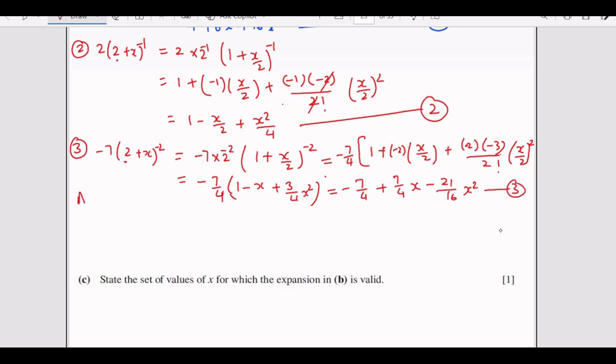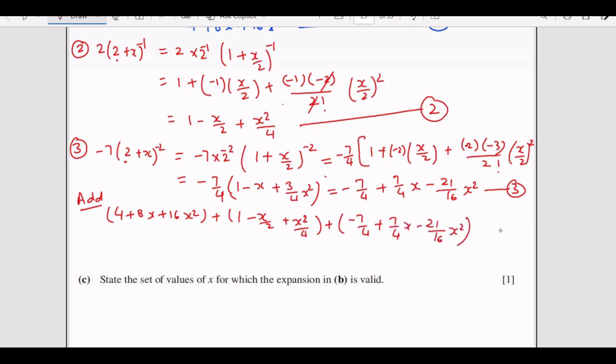So now we are going to add 1, 2 and 3. When you add 1, 2 and 3, I am writing here 4 plus 8x, all these terms together, then we will combine: 1 minus x over 2 plus x squared over 4, then minus 7 over 4, and continue the same way.